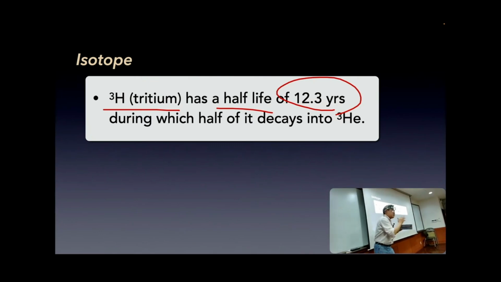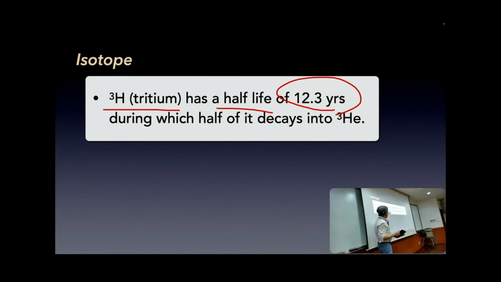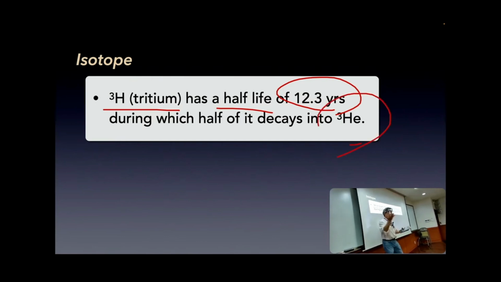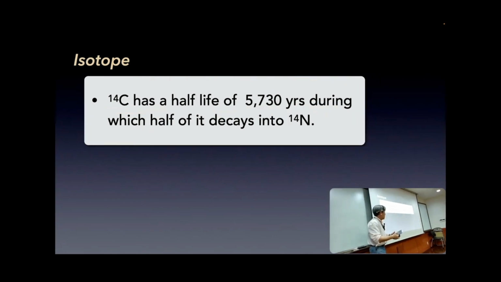After 12.3 years, for example, if there was 1 gram of tritium, then 0.5 gram of this original will become helium, and another 0.5 gram of original tritium will still remain as radioactive tritium. Get it? Okay. That's the half-life definition.